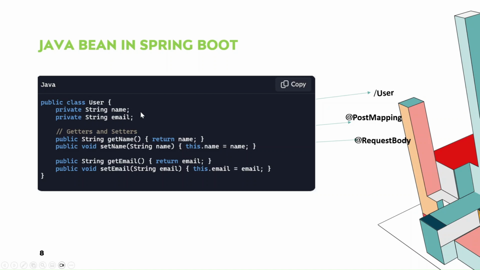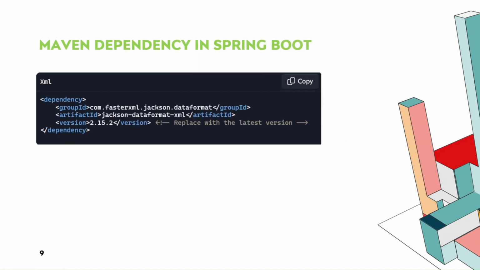Bean level, no change. There are two differences. If you do not add the XML dependency in Maven, Spring assumes that we need to capture JSON by default. If you add the XML dependency, Spring expects the input as XML.